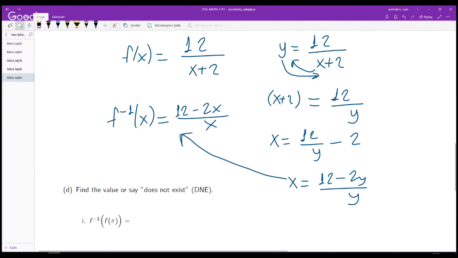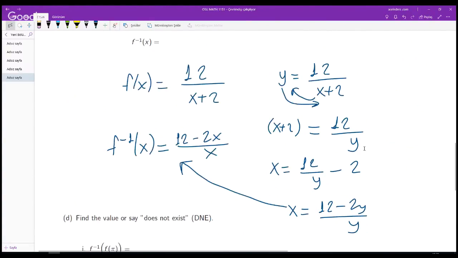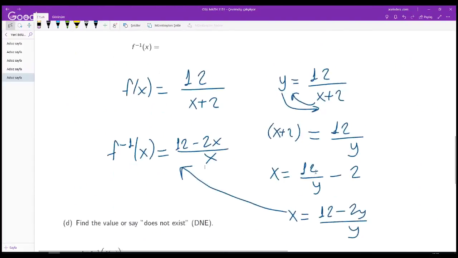So, as you can see, we have found an expression for f inverse x.